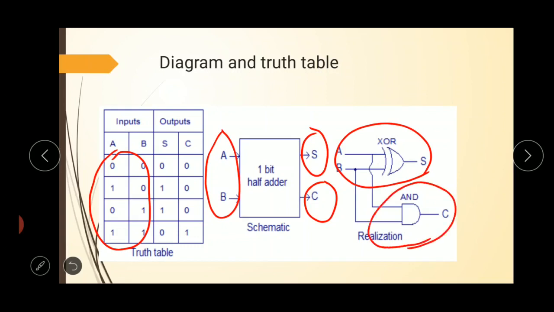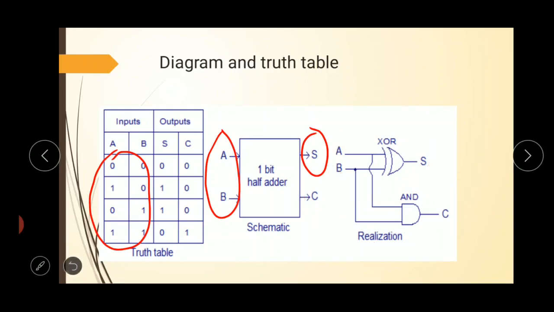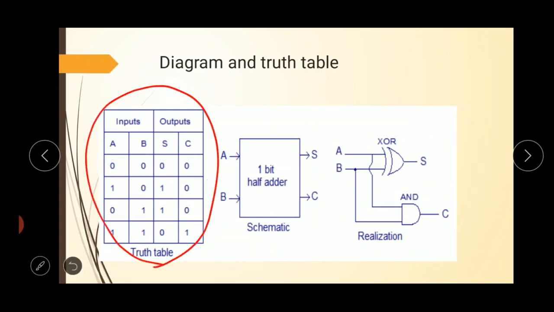This one is the diagram, and here is the complete truth table. When the input is 0 0, the sum bit is 0 and the carry bit is 0. When the input is 1 0, the sum bit is 1 and the carry bit is 0.